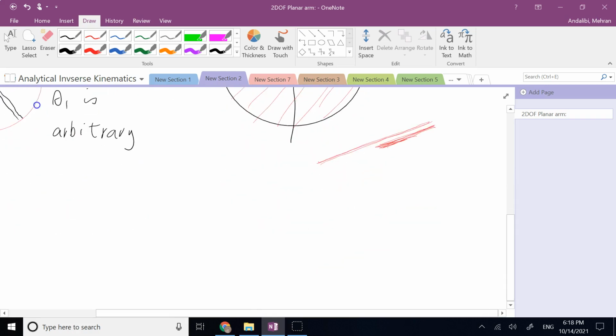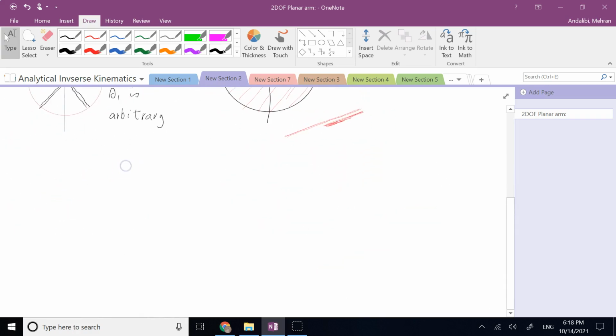So let me write it down for you here. So remember, cosine of theta 2, which is equal to this ratio, is going to be between -1 and +1, right? That's all you can do. Therefore, it gives you limitations on where you want to put your position of the end effector.